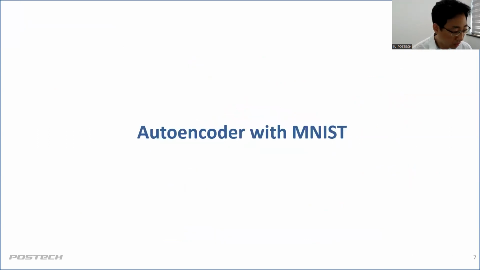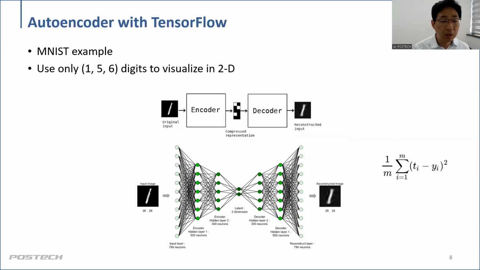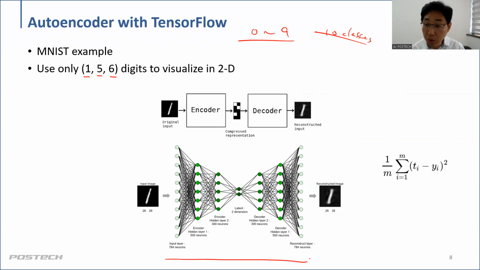So instead of going into theory, I'm going to do the autoencoder with the MNIST data set. For the MNIST data set, we have digits from 0 to 9, so 10 classes. In this autoencoder case, we're going to use only the digits 1, 5 and 6. We don't have to do that, but this is the structure I'm going to demonstrate to explain what autoencoders are.